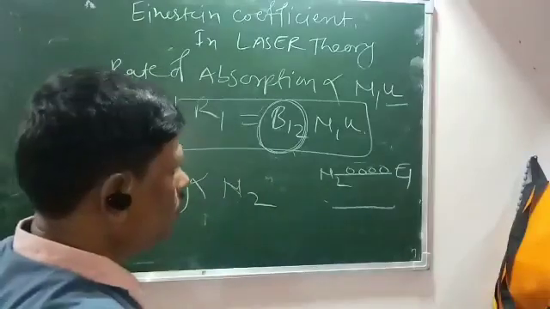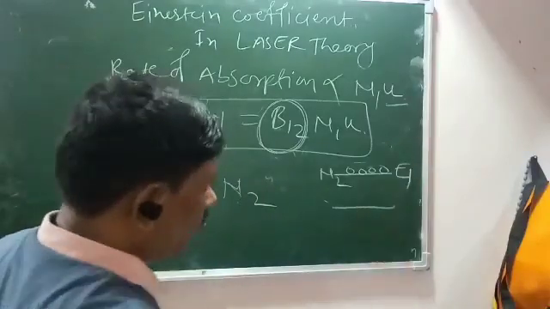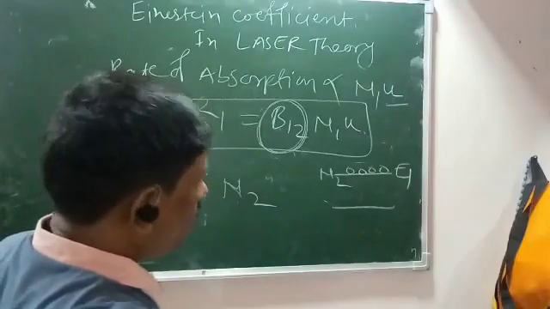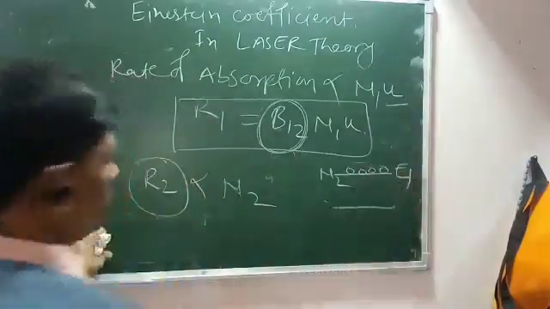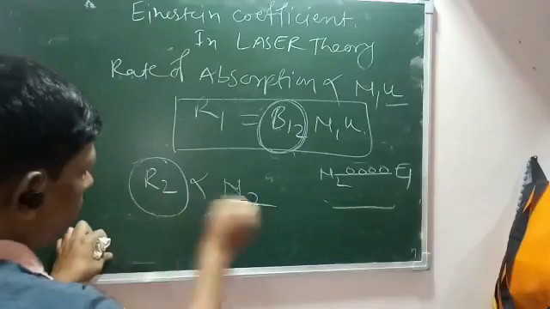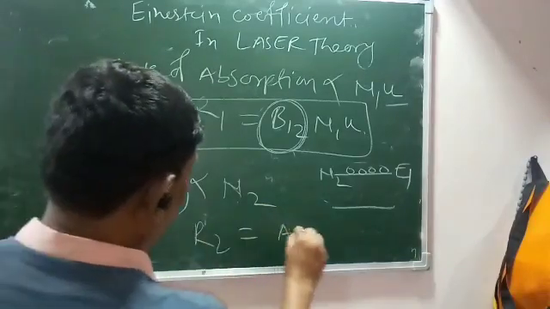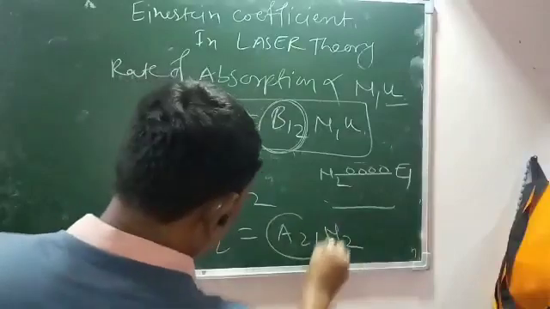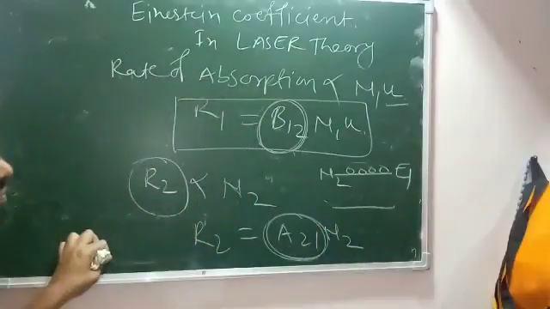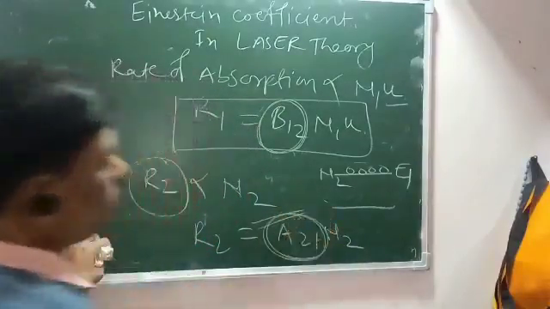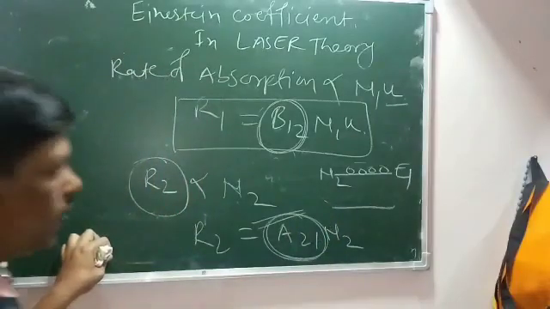So there is no use of the external environment for the particle to undergo from E1 to E0. That's why R2 only depends upon N2, and we can write R2 equal to A21 N2. Here A21 is called the Einstein spontaneous coefficient.